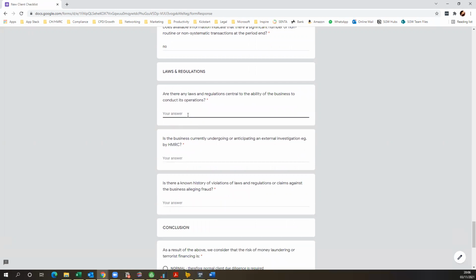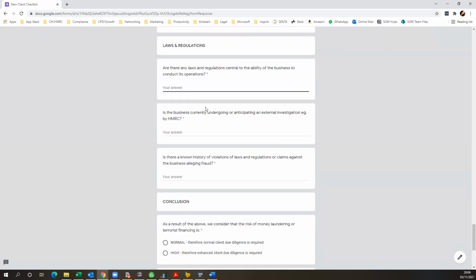Laws and regulations, this is the last section, and only a few questions. Are there any laws and regulations central to the ability of the business to conduct its operations? Obviously, you've got companies law and employment law and all that sort of thing, but is there anything else that might be relevant to this particular business that would impact its ability to do business?